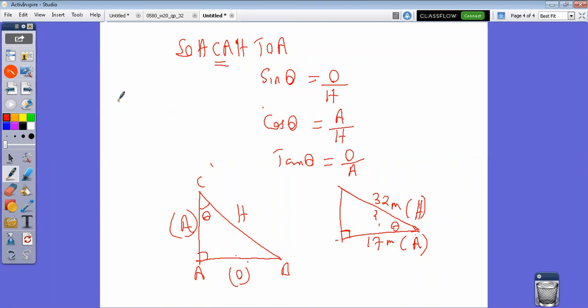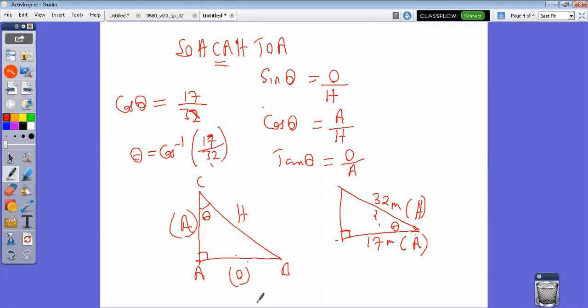So it means cos theta is equal to, which side is the adjacent? 17, over the longest side, 32. That gives you a fraction of the angle. The angle theta now is equal to arc cos, brackets 17 over 32.